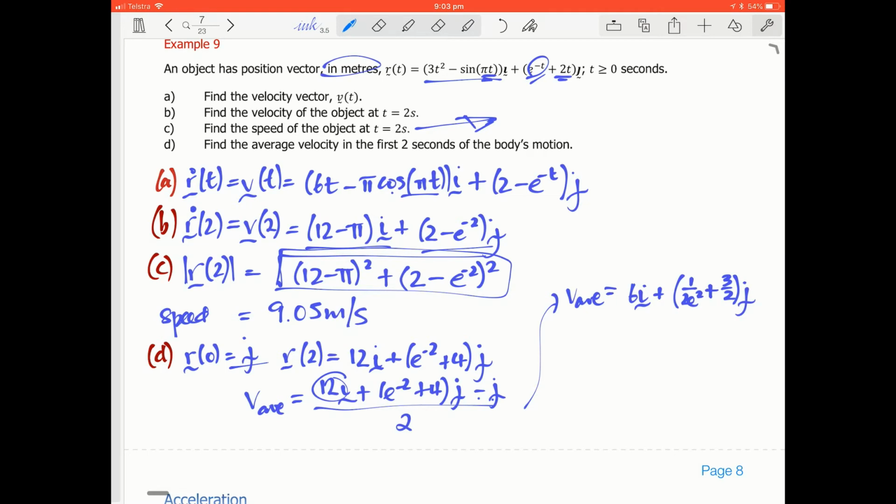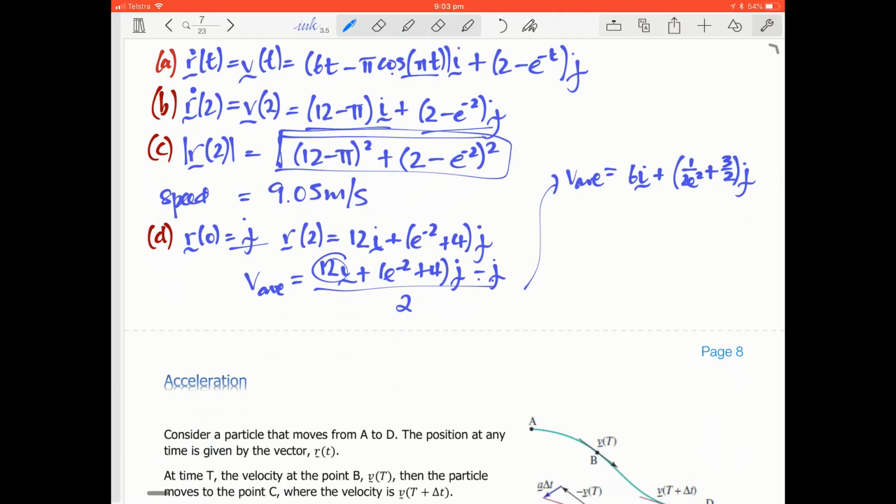So that is my average velocity over the first 2 seconds. Okay, so we found a displacement at 0 and a displacement at 2 seconds. We do r final minus r initial over my change in time, and that gives us our average velocity.